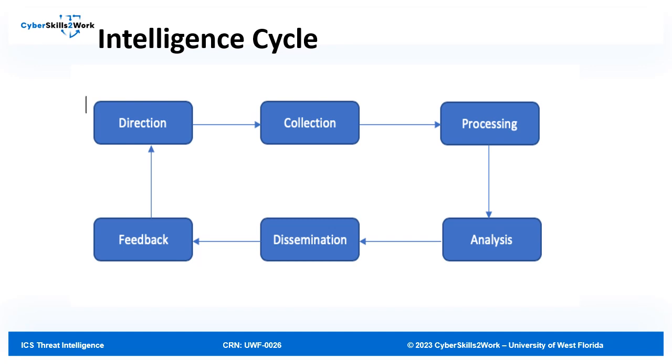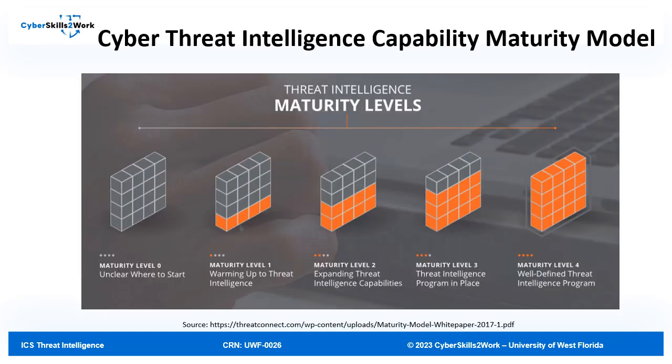The cyber threat intelligence capability maturity model is a hierarchy of processes that consists of 5 levels. Level 0, also called the initial level, is a purely ad hoc process and is unpredictable. Level 1, or the repeatable level, is a reactive, volatile, and manual process.